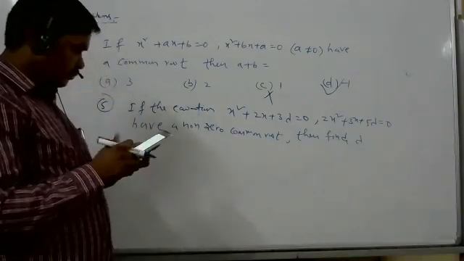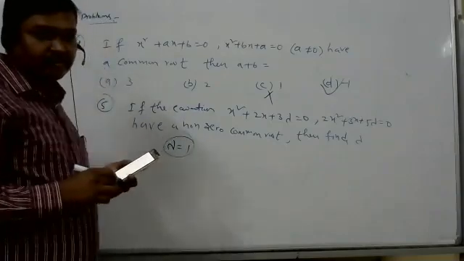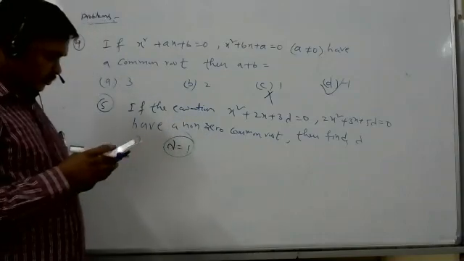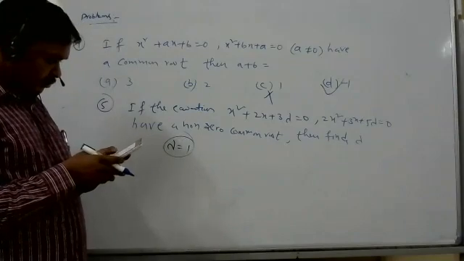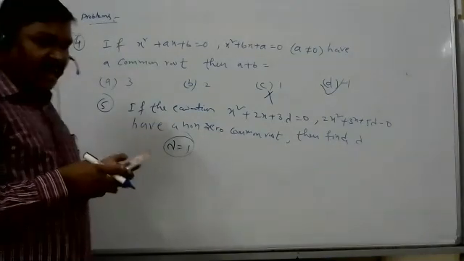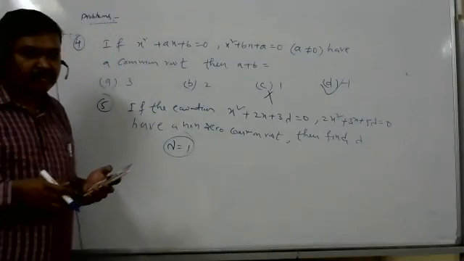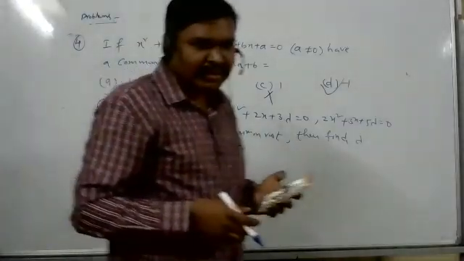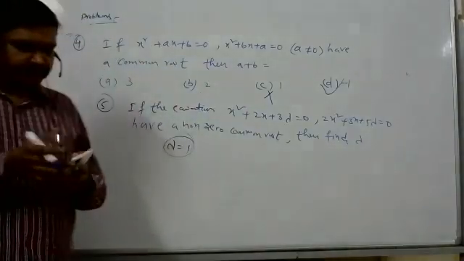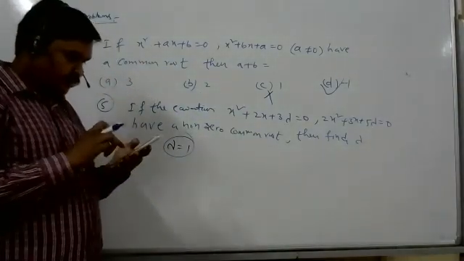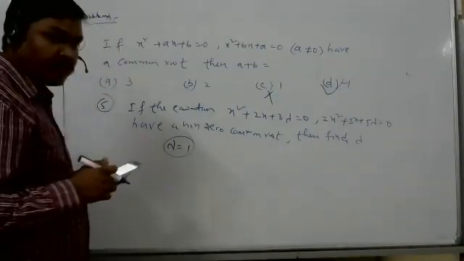So alpha is 1. Yes, correct. So I use the substitution method. With the determinant method, it gets lengthy, I guess. First we multiply x square plus 2x plus 3 alpha with 2, and then we solve the equations.